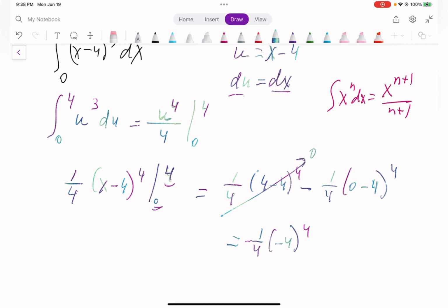So 16 times 16 is 256. This number is going to be positive because we have an even degree. Negative 4 times negative 4 is 16, and 16 times 16 is 256. 256 divided by 4 is going to be 64.